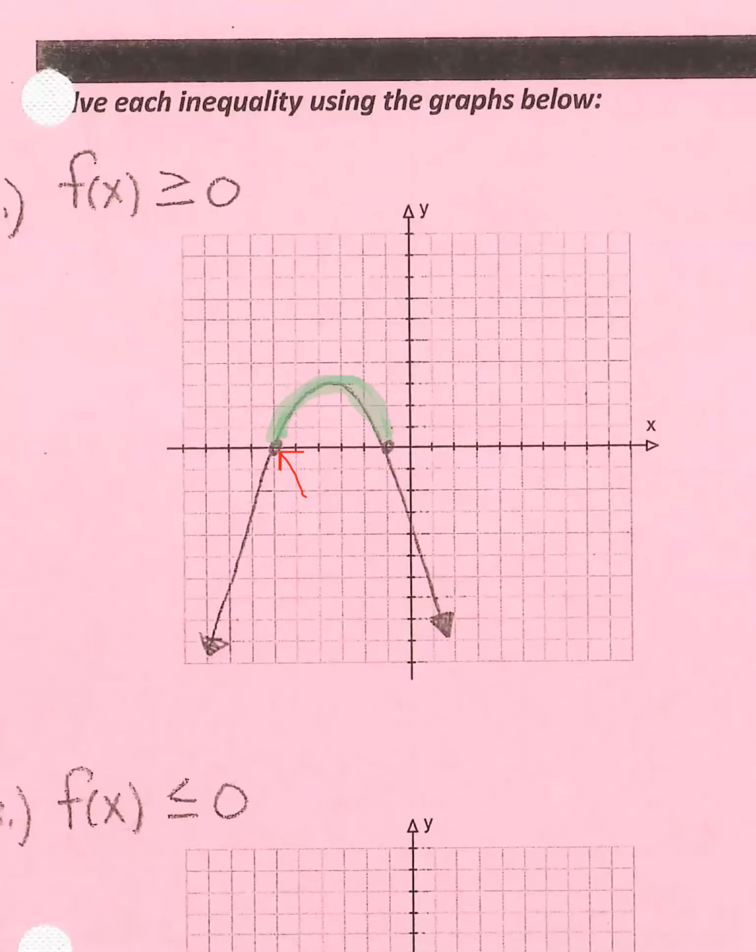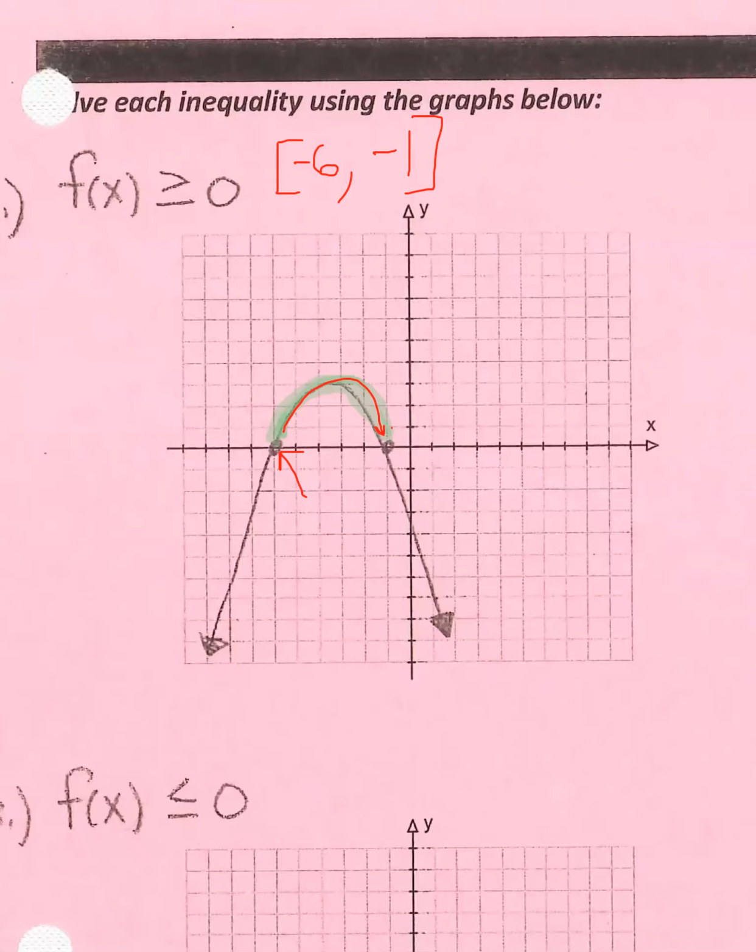I want to include -6. That is part of my solution. So from -6 all the way to -1, and again I'm going to use a closed bracket on the end of -1. That represents all of the x values in this graph where my function is positive.